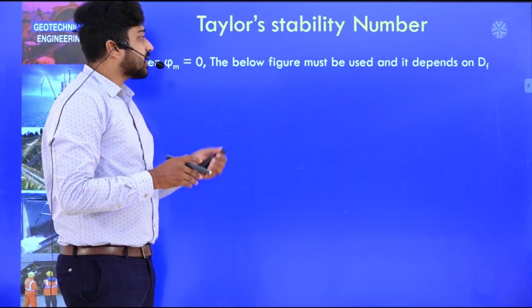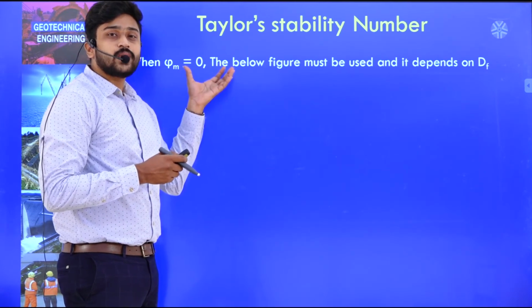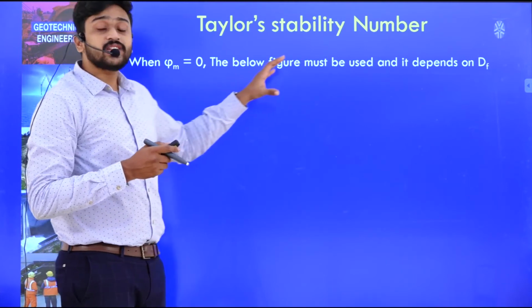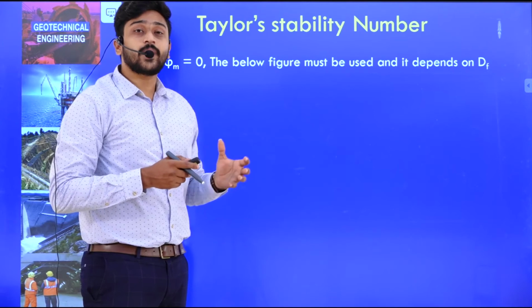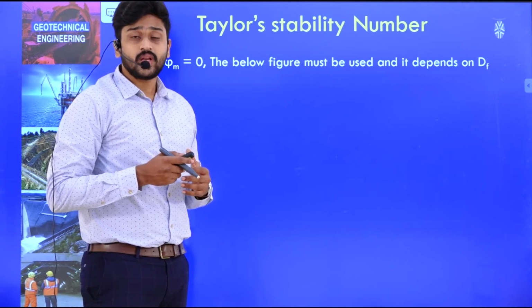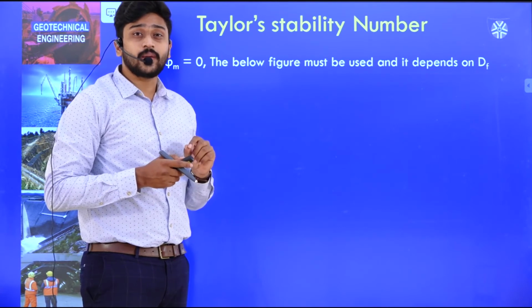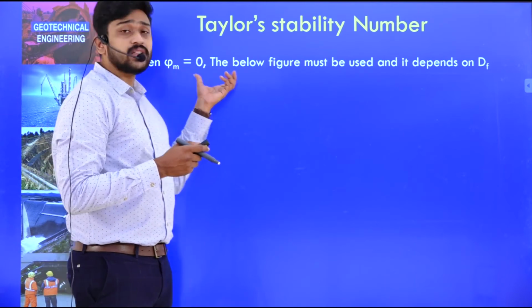Now, when you consider the stability charts when phi m equals 0, that means the angle of internal friction is 0, instead of using the previous stability charts, Taylor has stated that some other stability charts have to be used, because another entity, the depth factor, is an important parameter which plays a role when phi m is 0.